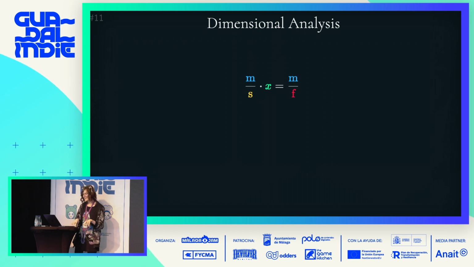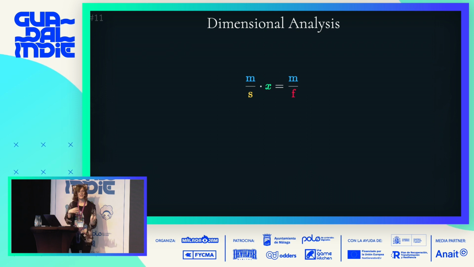But basically, the idea is that you treat your units as algebraic objects. So we can write this equation where we have meters per second, the units, times a conversion factor, equals meters per frame. So if we want to find this conversion factor x, all we have to do is solve this equation for x. In other words, we multiply both sides by seconds.